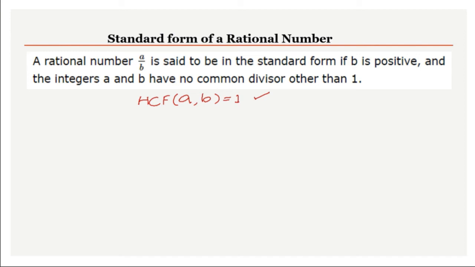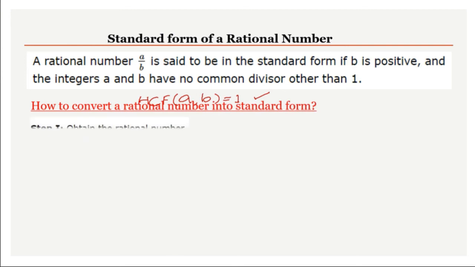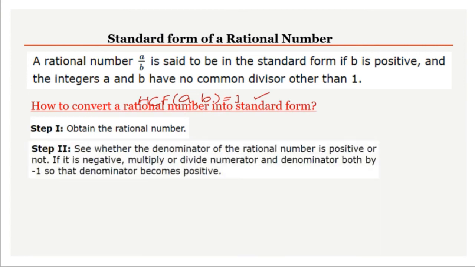Now let us see how to convert a rational number into standard form. We follow certain steps. Step 1 is to obtain the rational number. Step 2 is to see whether the denominator of the rational number is positive or not. If negative, we multiply both denominator and numerator by -1, or divide both by -1. We get a positive denominator.